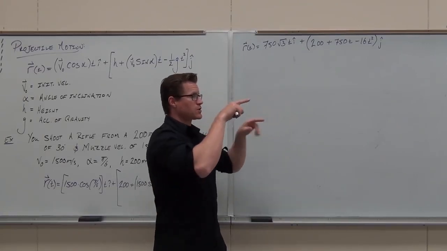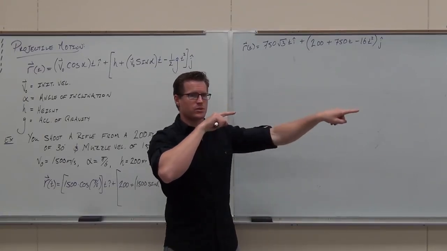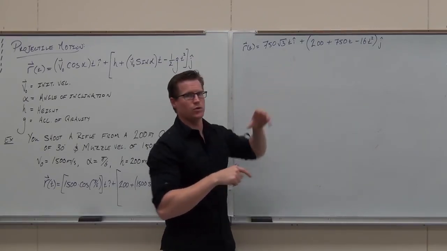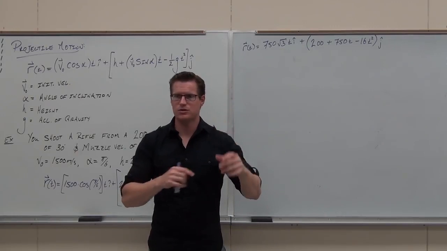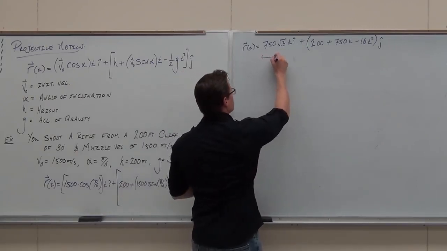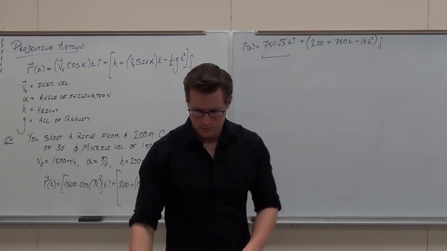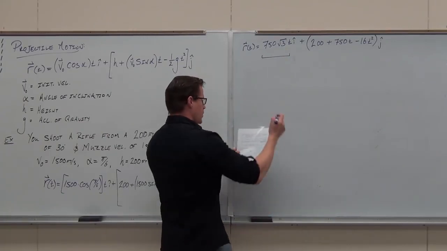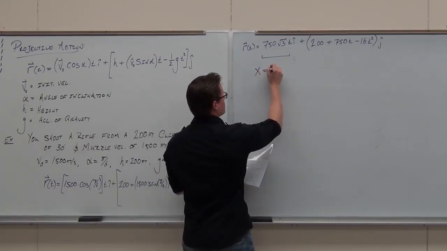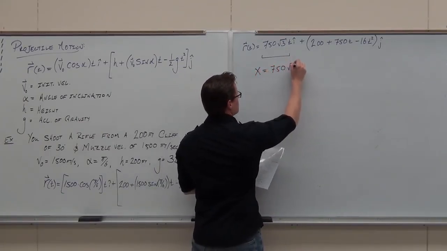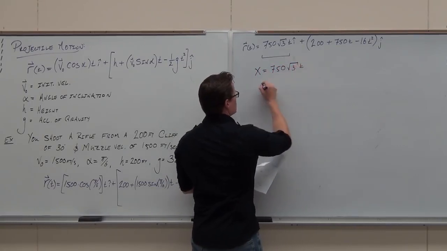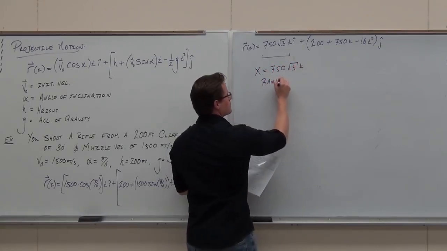But if we shoot this way, the bullet's going to travel for as long as we let it travel. So 2 seconds, it's going to go further and further. That's called your range. So the x component here is your range.